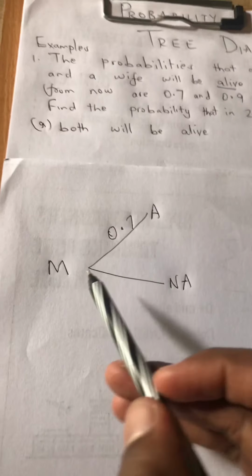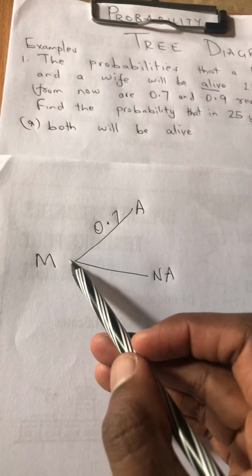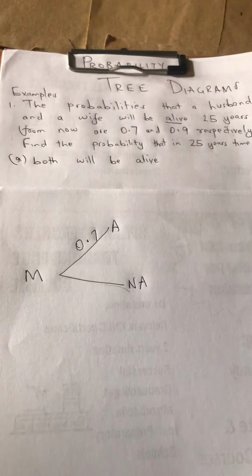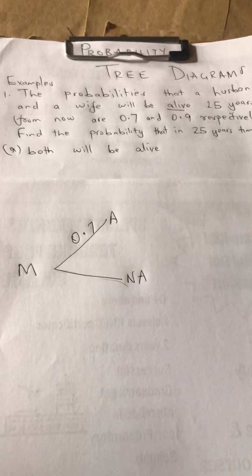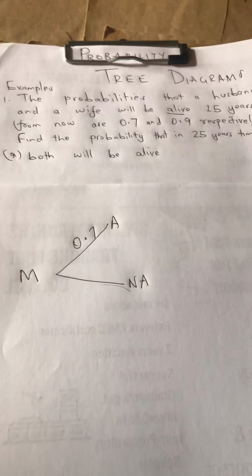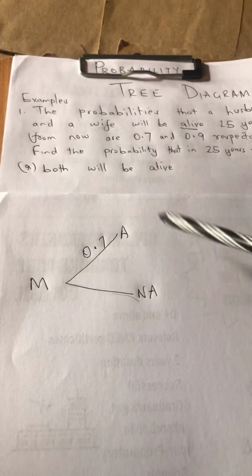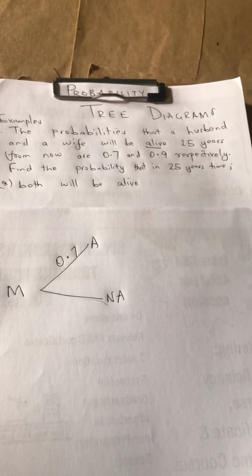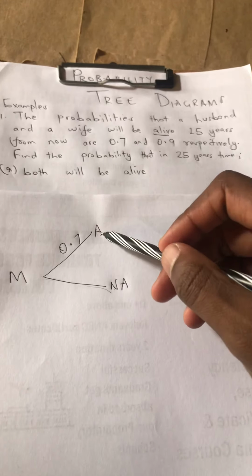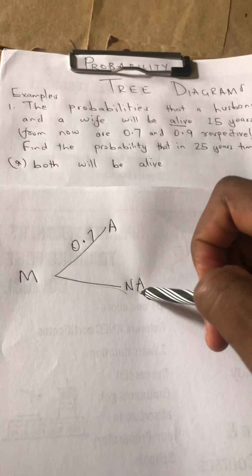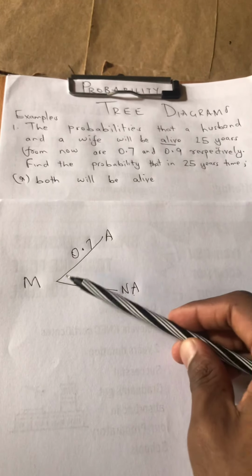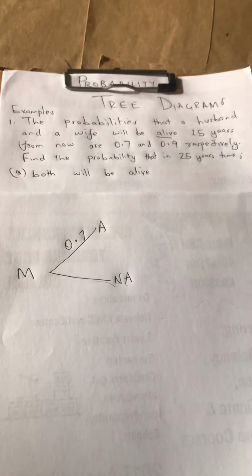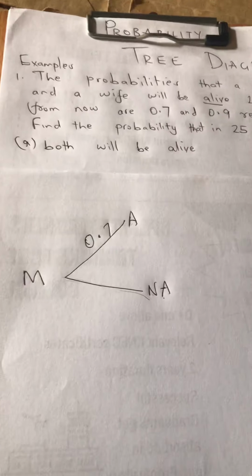So tree diagram, unachukua kama ni man, alafu unachora hii symbol for two sides, showing that there are two possible outcomes in this case. There is a time you can have three possible outcomes, like in a football match, there could be a win, loss, or draw. But in this case, there is either alive or not alive. So for the man, the probability that he is alive is 0.7. What is the probability that he is not alive in 25 years' time?